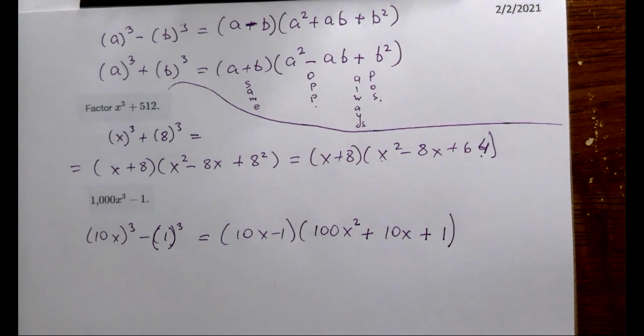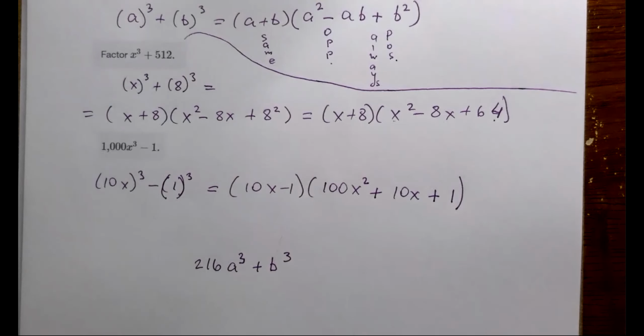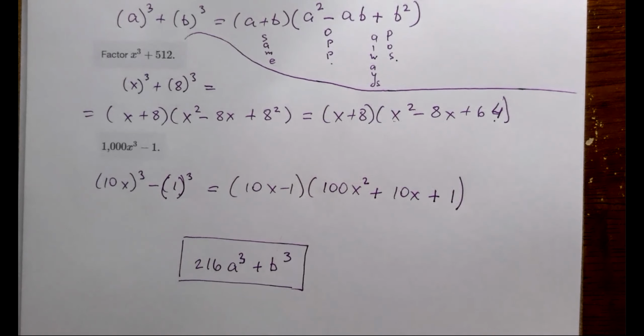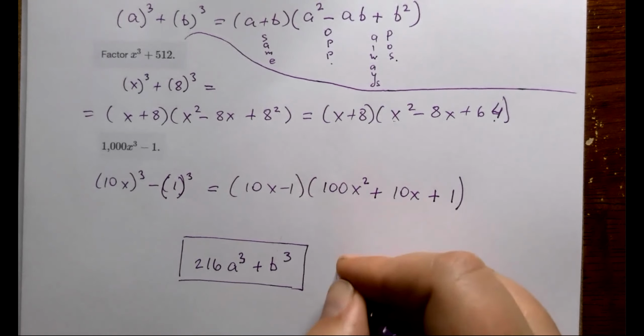We're done. And again, which one do I want you to try? I want you to try 216a cubed plus b cubed.